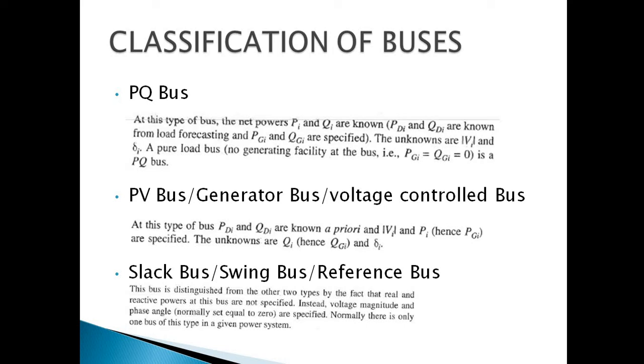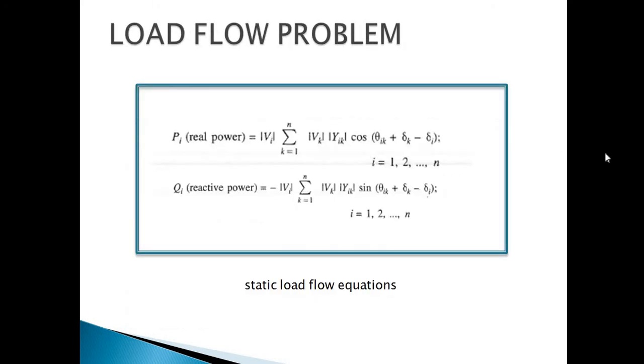Now we will talk about different buses before we go to the load flow problem. Remember, this is the basic load flow equation that needs to be solved. You can understand the problem: this equation becomes a non-linear equation and cannot be solved easily. So in order to simplify, we classify different nodes or different buses.